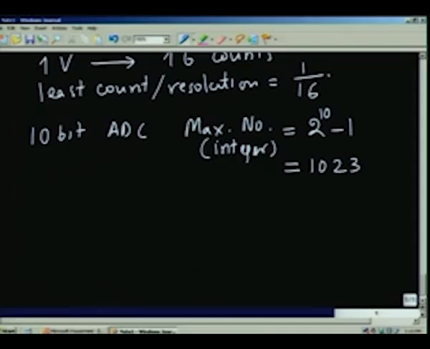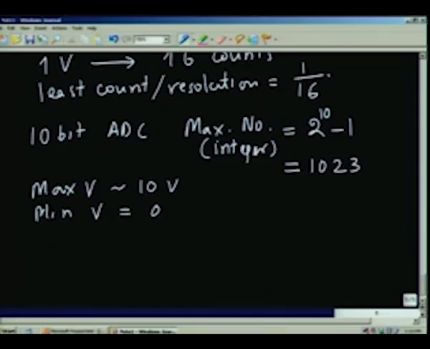So, suppose I have an instrument where the maximum voltage V max is around 10 volts, and of course, minimum voltage 0. I am going to now measure these 0 to 10 volts using a 10 bit ADC, that means there are 1023, 1024 levels available.